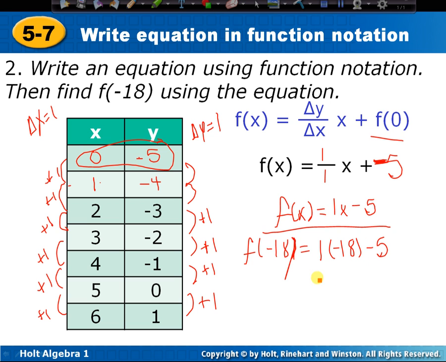So 1 times -18 is going to give me -18 minus 5. -18 minus 5 is going to give me -23. So f of -18 equals -23. Make sure you have all that down before you move on.